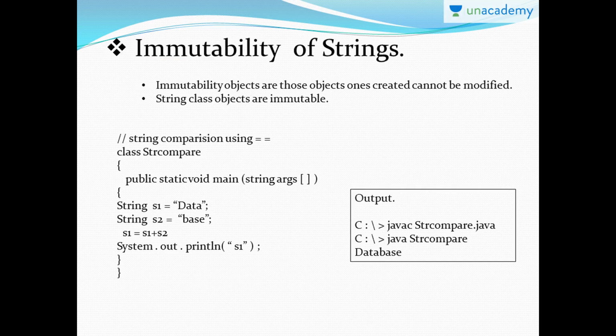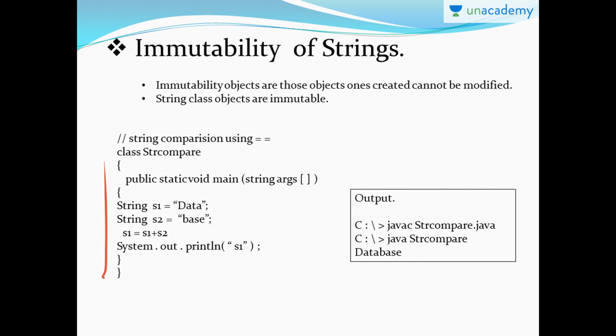Okay, immutability of strings. Immutable objects are those that, once created, cannot be modified. That means once this object is created, you cannot modify it later at any cost. So here we'll see with a simple example, and all the string objects are immutable. That is how we are discussing it as part of strings.